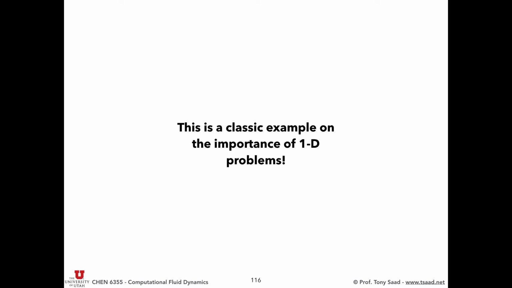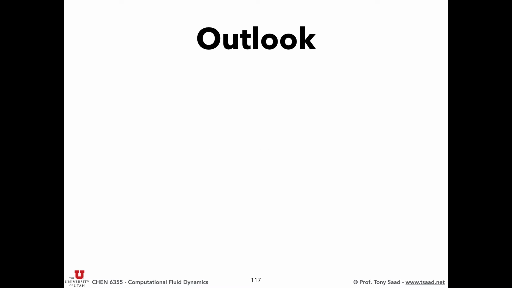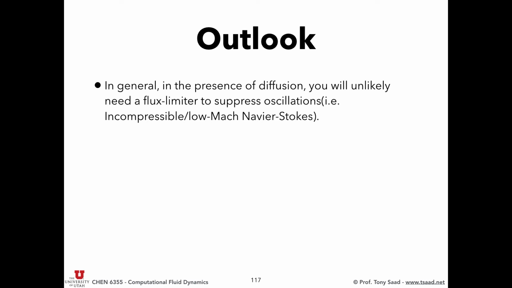Before I leave the topic of hyperbolic conservation laws, I'll summarize some of the things that we learned. In general, you don't have to use limiters. When you see an incompressible Navier-Stokes solver, we use a central scheme in general for the advective terms. Why? Because we have diffusion present, so we're not too worried about the central scheme causing dispersion.